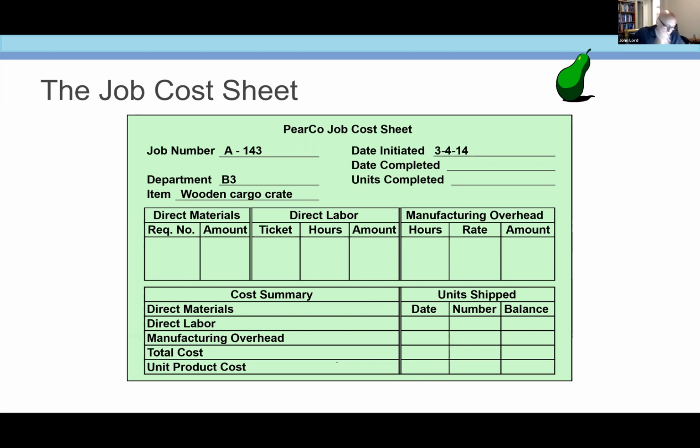We have job number 8143, and we're making a wooden cargo crate. It's going to have direct materials, direct labor, and manufacturing overhead as the product costs that we're going to track for this particular job, so that we know what to put into work in process, what to put into finished goods, and when we finally sell that thing off, what to put into cost of goods sold.